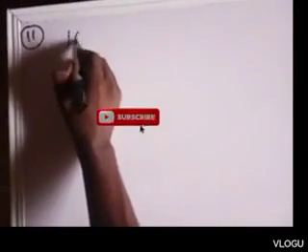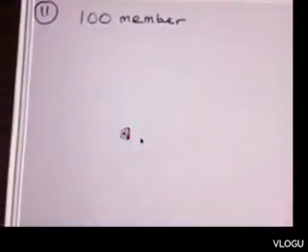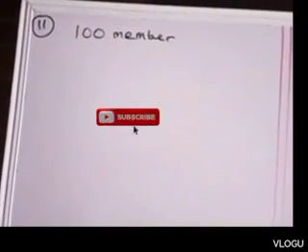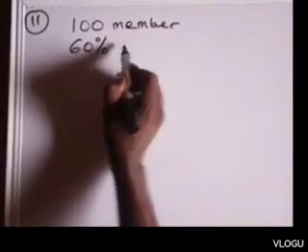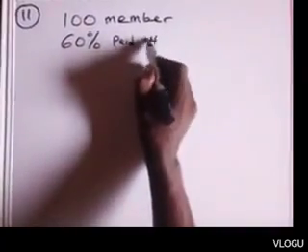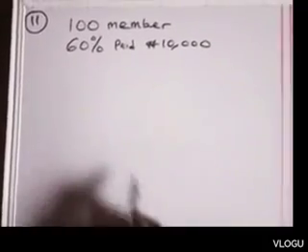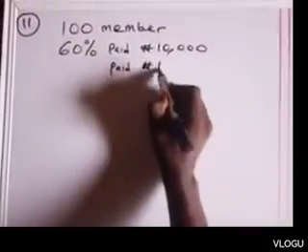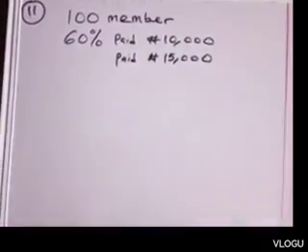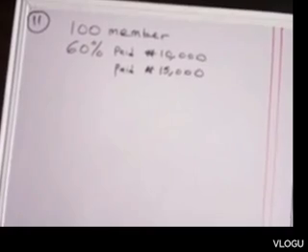In a society of 100 members, 60% of them paid 10,000 naira each, and the rest paid 15,000 naira each into a charity appeal fund. How much did they contribute in total?